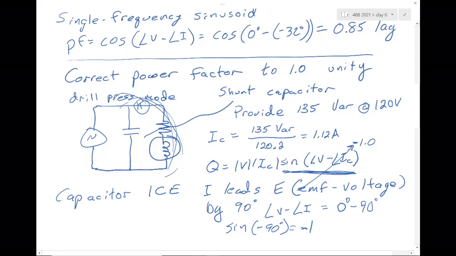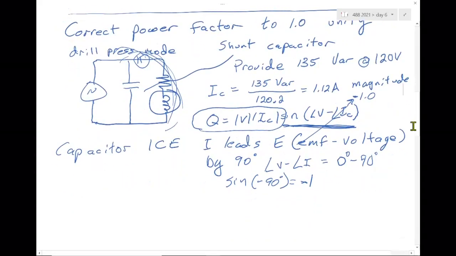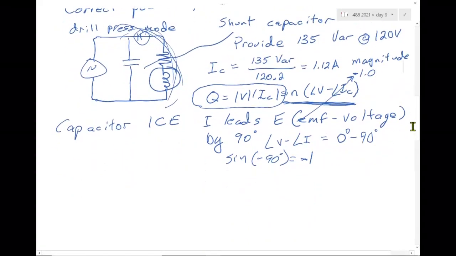So I said this was 1. It's minus 1. So using just this part of the equation will give me the current magnitude through the capacitor. If you have questions about that, just let me know.